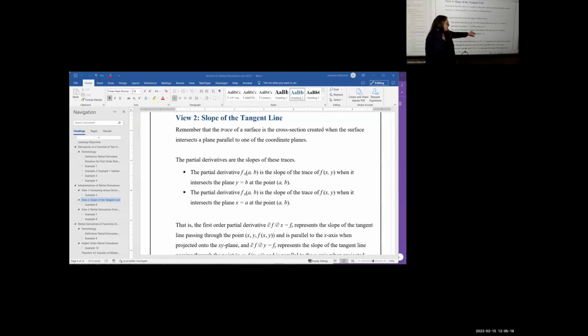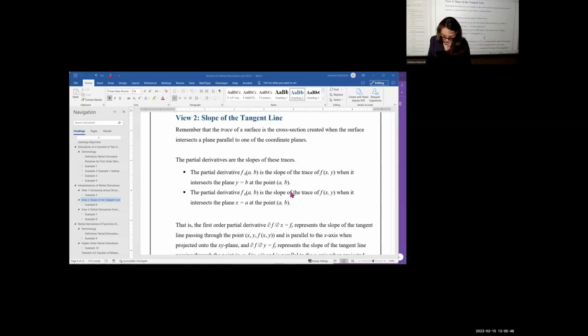So we have the plane x equal a, and it's slicing through this plane x equal a. So you've got your surface here, and your plane x equal a is slicing through it like this. Okay, so when you have that, then you've got this trace again where the plane intersects the surface, and the partial derivative with respect to y is going to be the slope of the tangent line at any particular point.